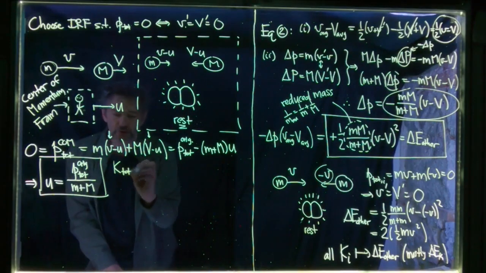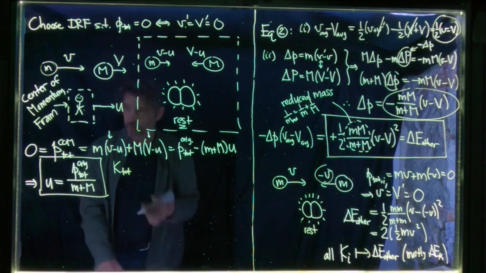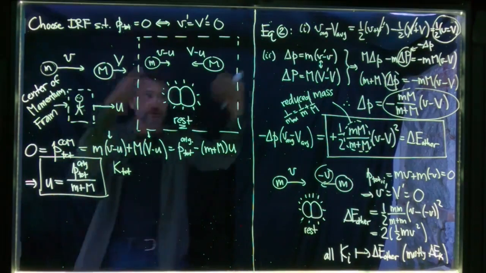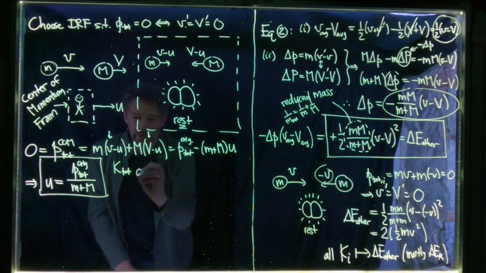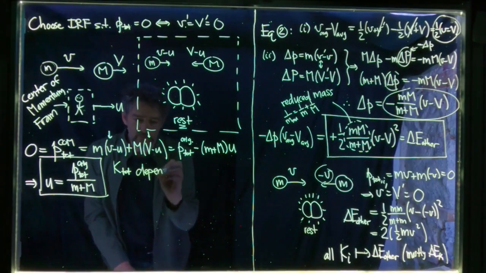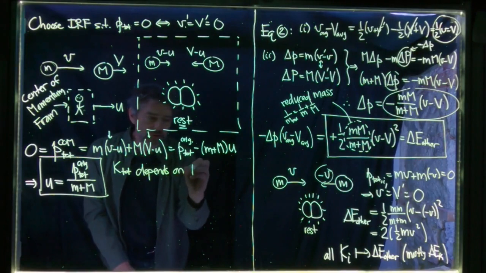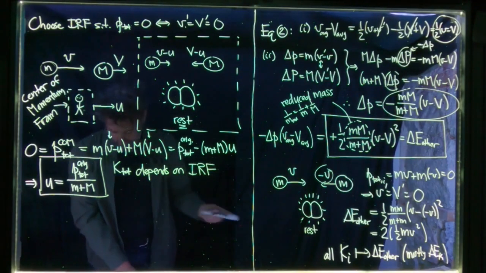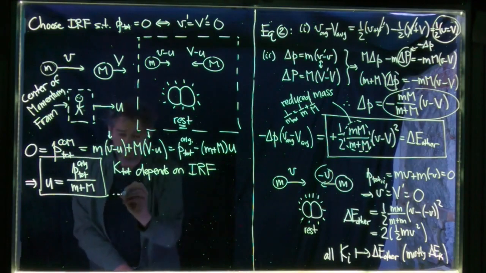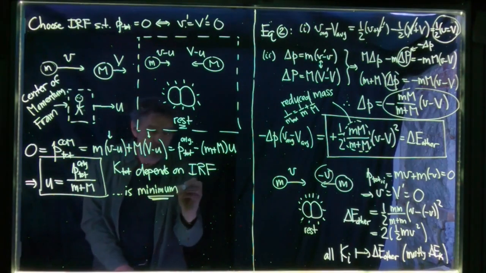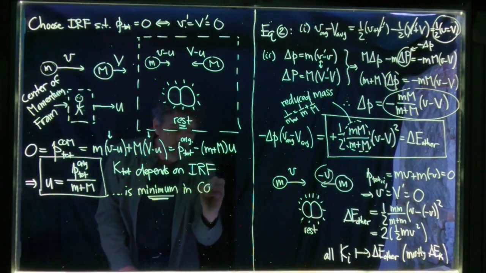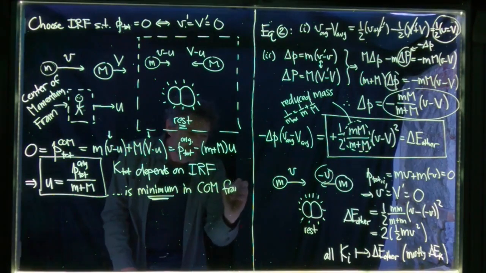The total kinetic energy in the system, the sum of the kinetic energies of the two masses in motion, certainly depends on the choice of inertial reference frame, and it is minimum in the center of momentum frame.